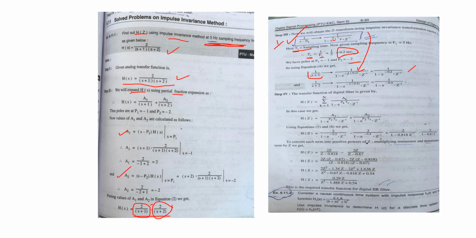Now pk is minus 2 and Ts is 0.2. It becomes this. Then we put in this equation, 2 upon this into minus 2 upon this, it becomes this. Then we further expand these expressions and we obtain this.